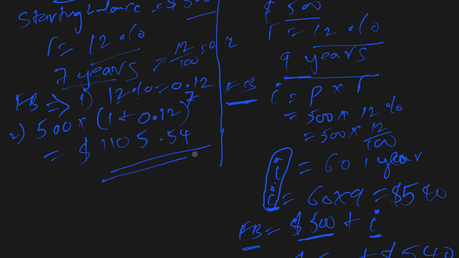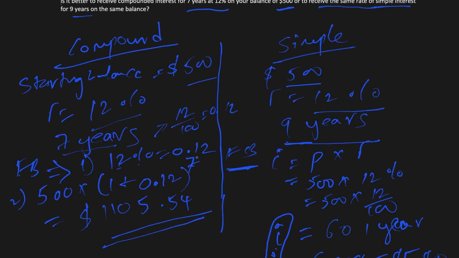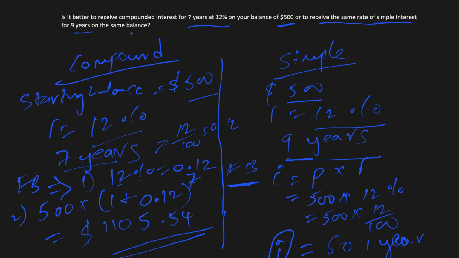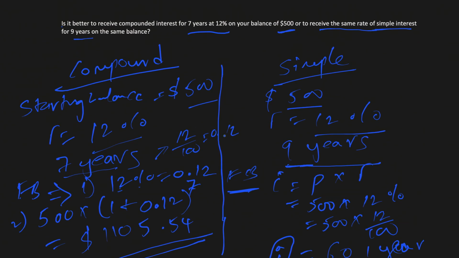Yes, it is 100% better to invest for 7 years at 12% with compound interest than simple interest. I hope this last example gave you more idea about how compound and simple interest are different from each other.